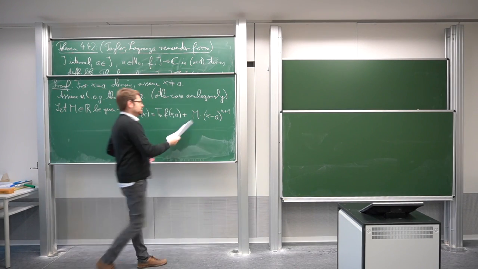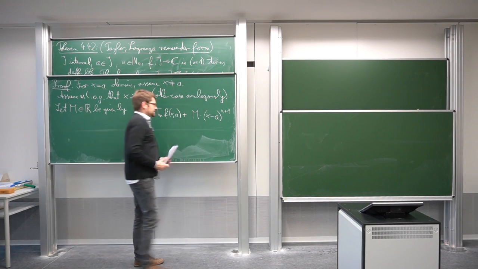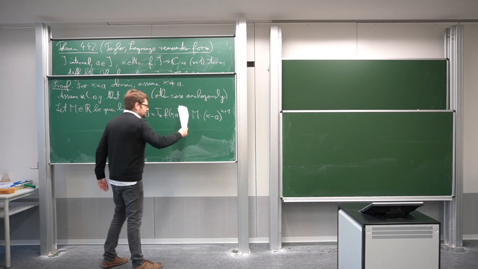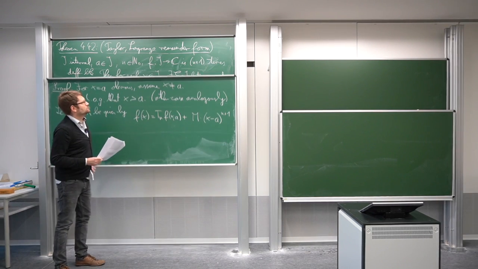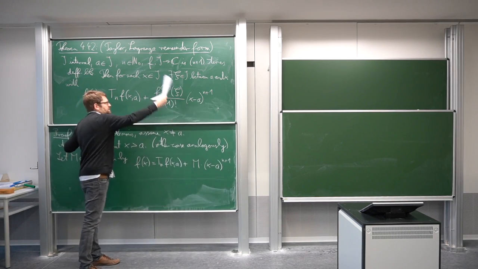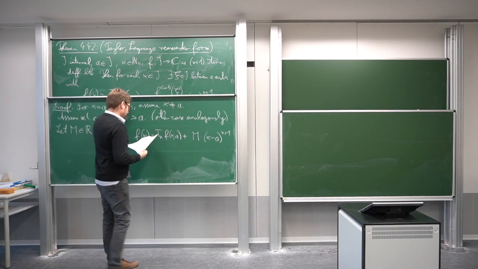So there's just some real number, and we now have to show that there's exactly some psi such that this is then really the derivative divided by (n plus 1) factorial, so that m is of this form here. This is what we need to show.